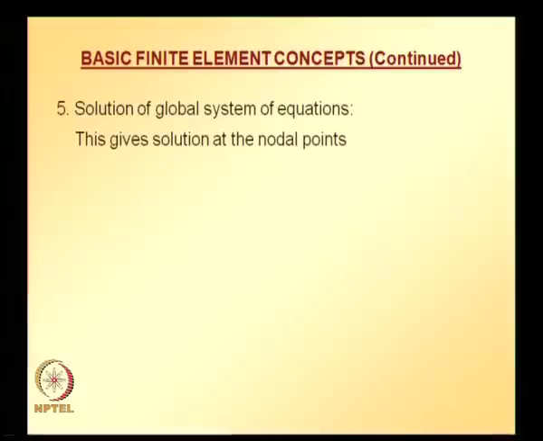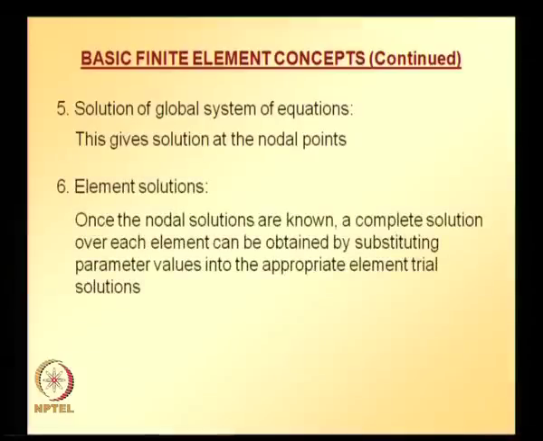And once we have the global equation system, after applying the boundary conditions, we can solve for the nodal values, or the solution at nodal points. And the rest is similar to what you already experienced.